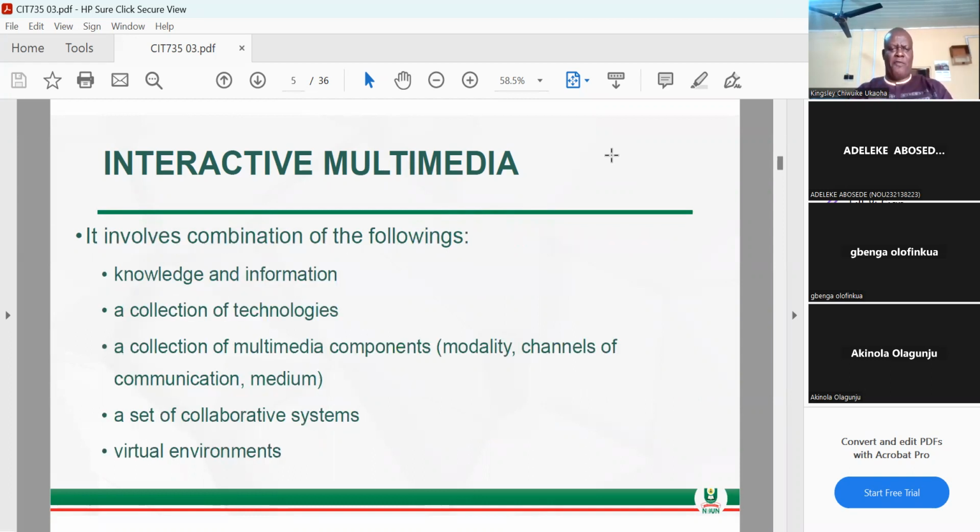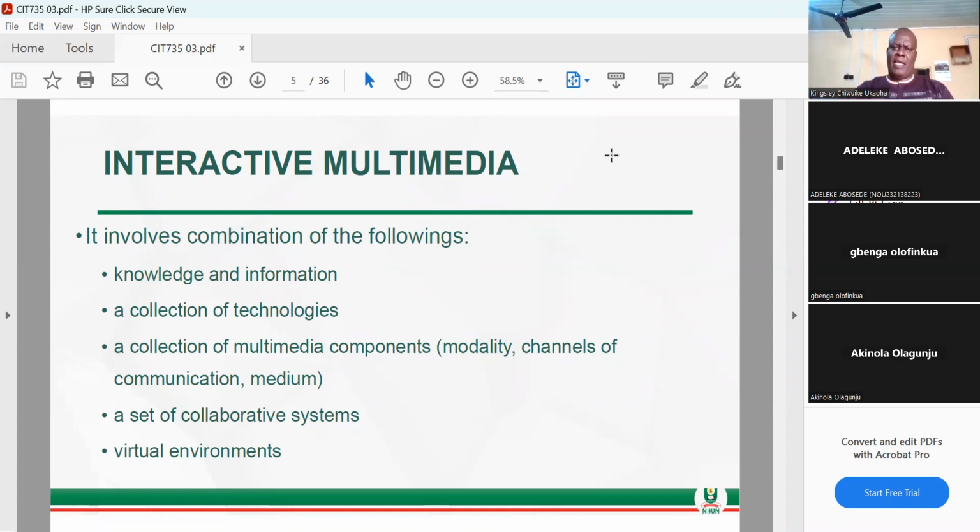Interactive multimedia involves the combination of the following. First one is knowledge and information. Yes, the knowledge you are trying to share, which is made up of information that will make people aware. Then a collection of technologies, because even when you are sending messages through the computer, via the internet to some other places, technologies are combined together. Like me now, I'm even interacting with you.